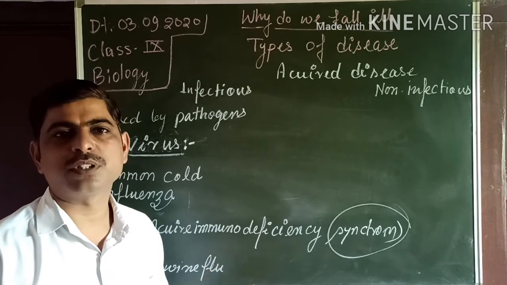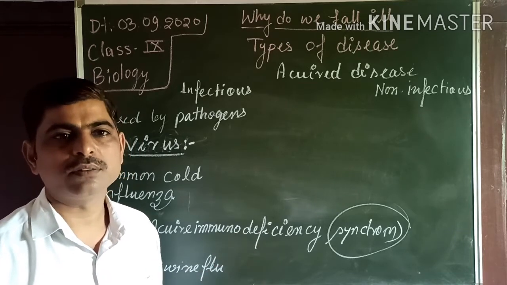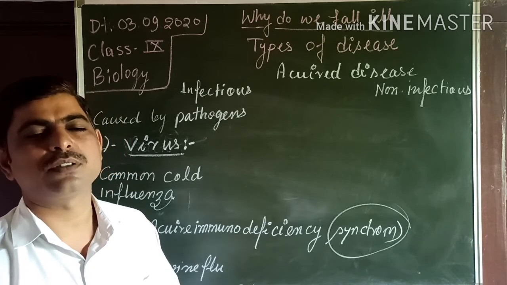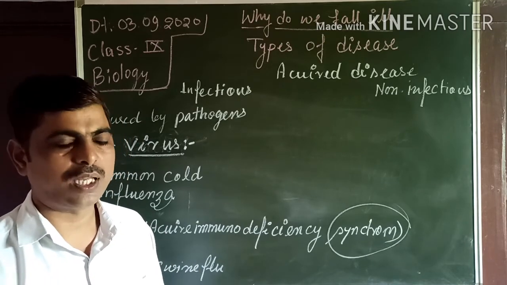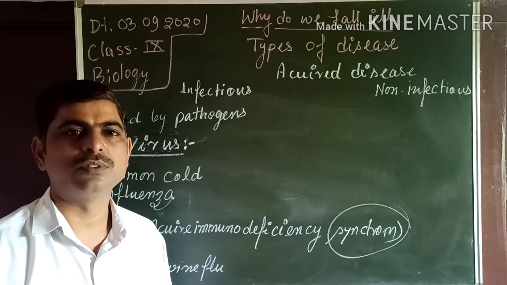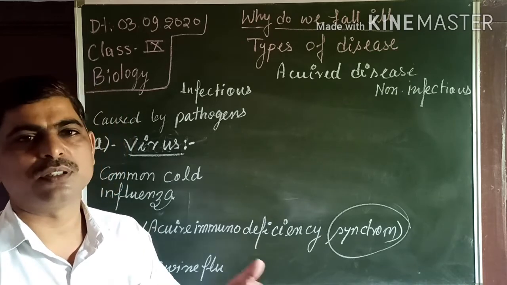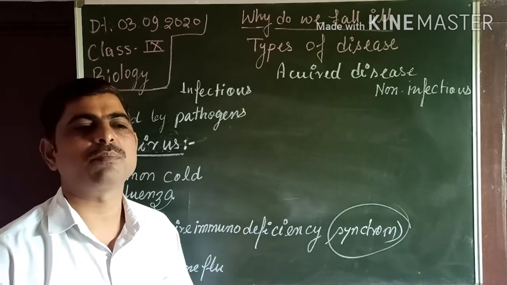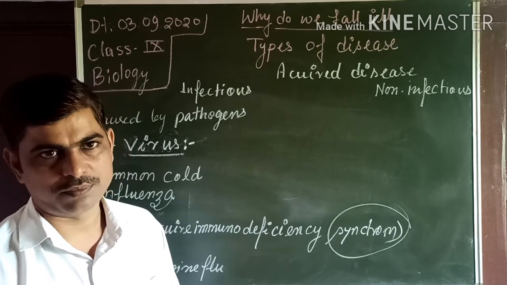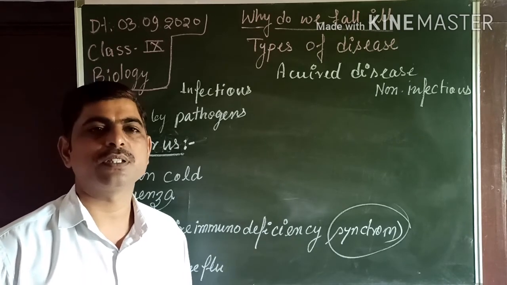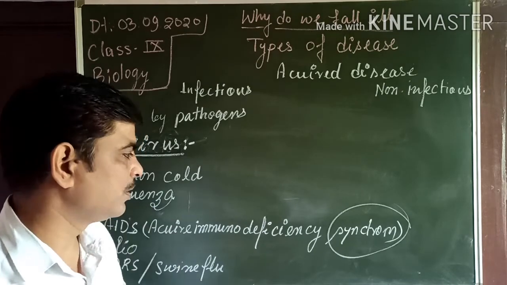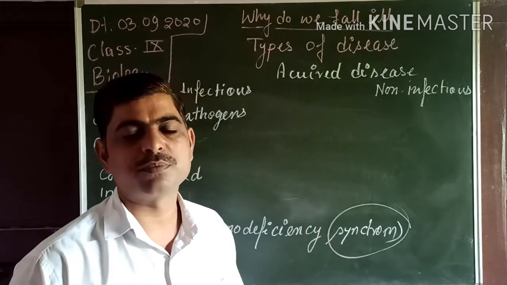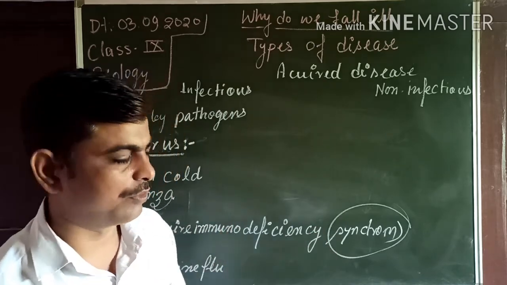The immune system of the person weakens and a simple ordinary infection turns into severe mode. Like common cold can turn into pneumonia, loose motion turns into cholera. In this way, the body has lost the capacity to protect itself, so any simple infection becomes very severe. That's why it is called a syndrome, because it has mixed symptoms of many diseases, not only one.